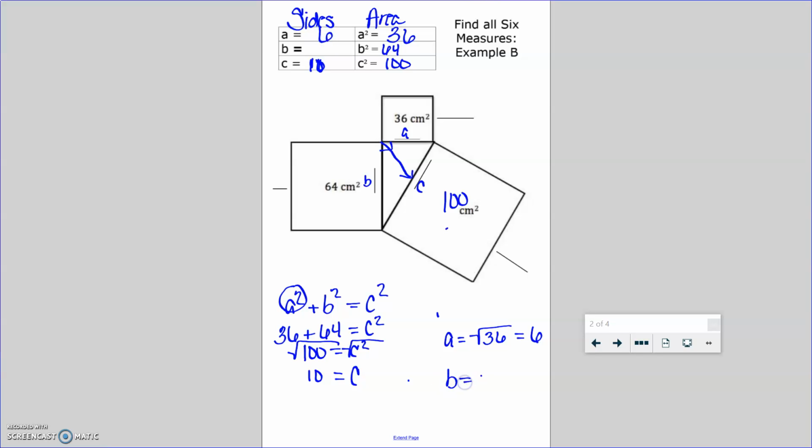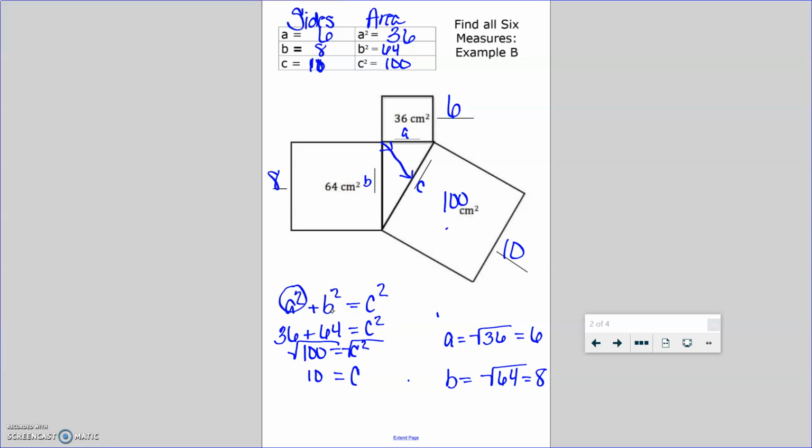B is equal to the square root of 64, which is 8. Okay, so your side lengths are 8, 6, and 10. Remember, A squared plus B squared is equal to C squared. And that's how you find all 6 measures.